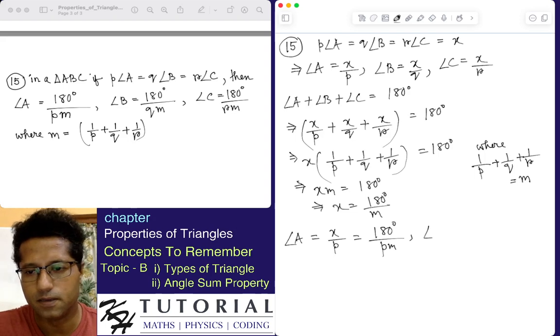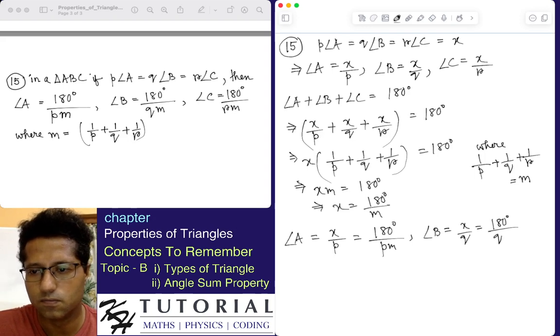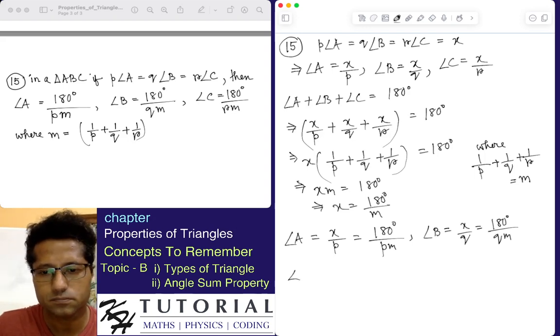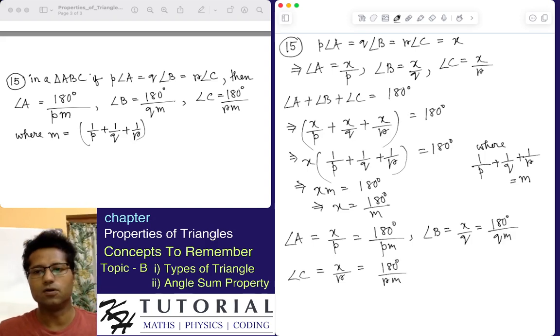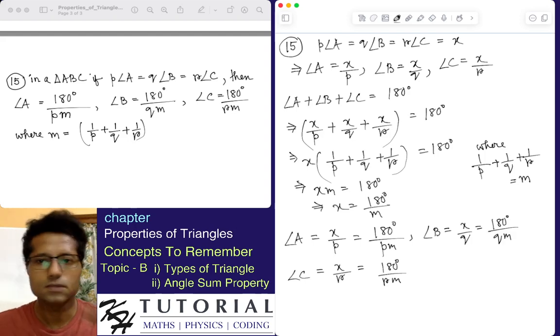Similarly, angle B is X by Q, and since X is 180 degree by M, we have 180 degree by QM. Similarly, angle C is X by R, which is equal to 180 degree by RM. So this is how we got this formula.